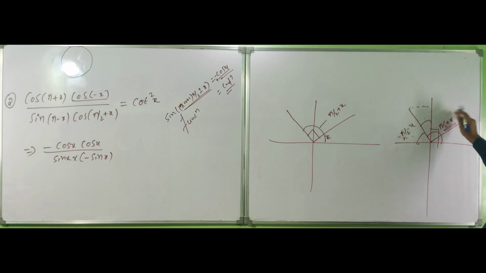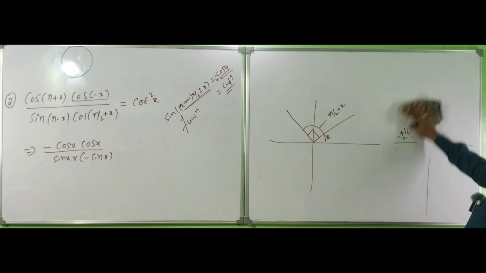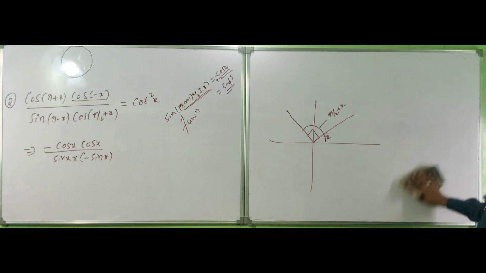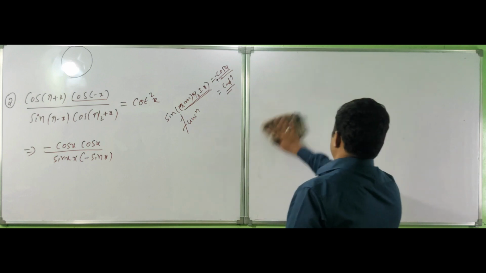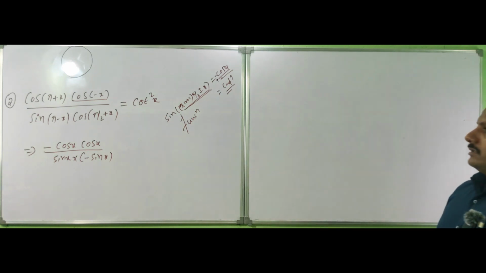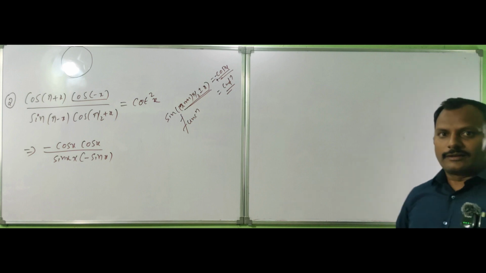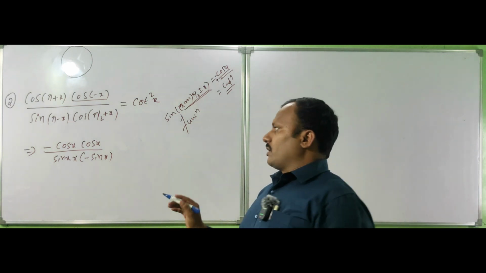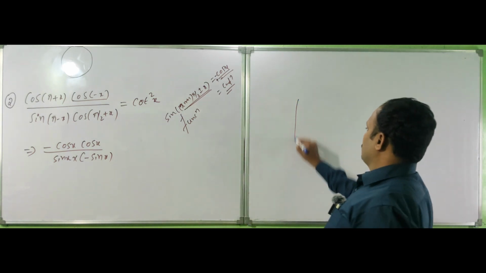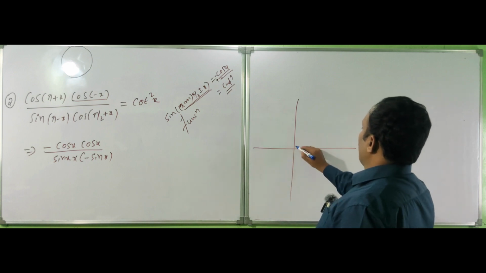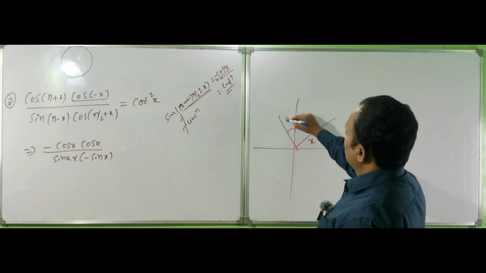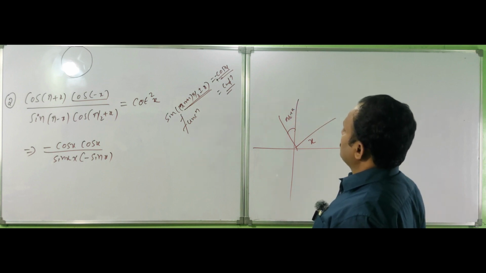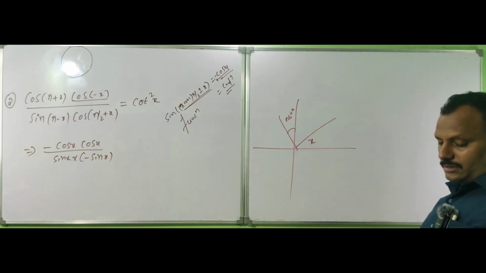Sorry, I got confused over here. If this is x, then this becomes pi by 2 plus x, not pi by 2 x.